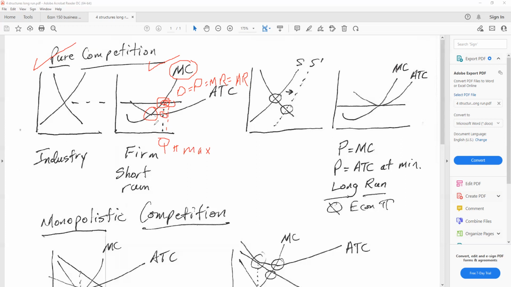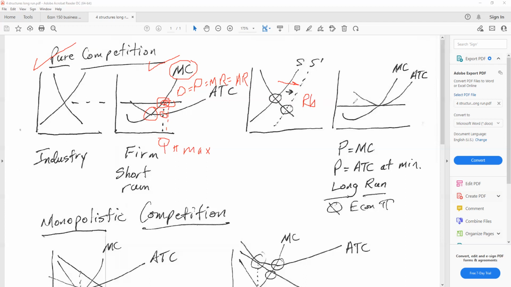As a result of earning economic profit, and because of the characteristics of pure competition, which we said are many sellers, a standardized product, no market power, and low barriers to entry, more firms will enter the industry. And look what happens as more firms enter the industry. Price goes down.